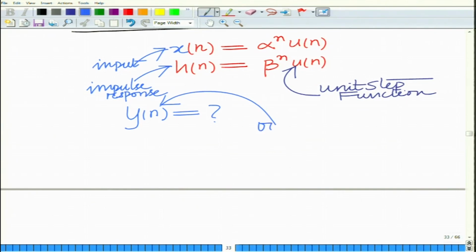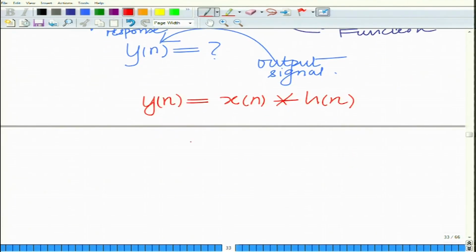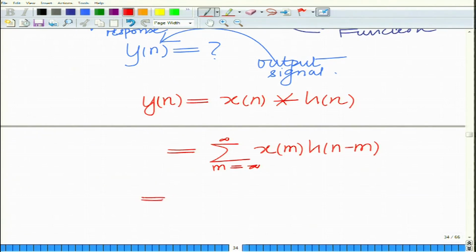So, what is the output signal y n for this system, and we know that y n is given by x n convolved with h n, which can be expressed as the discrete sum m equal to minus infinity to infinity x m times h n minus m.